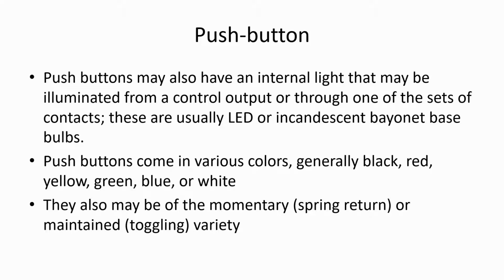After the next press, it comes back to the previous, original state. One push will make the contact, the other push will break the contact. So it toggles. That's why it is called a toggling push button.